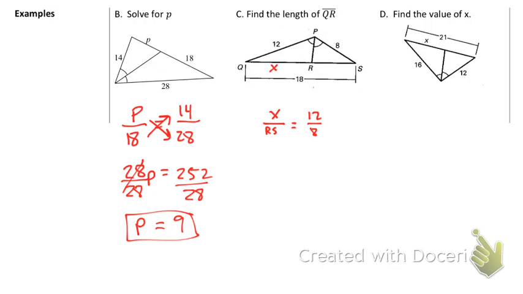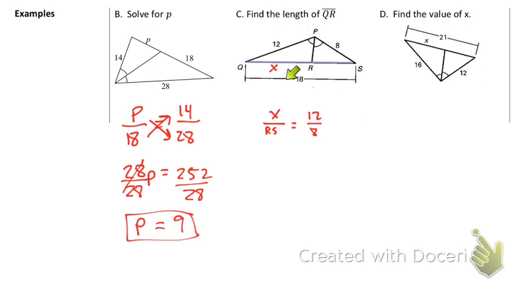Now let's try to figure out what RS should be. We know from here all the way to here is 18.